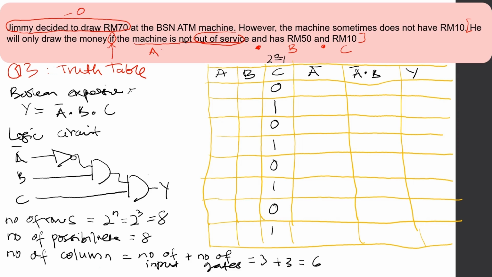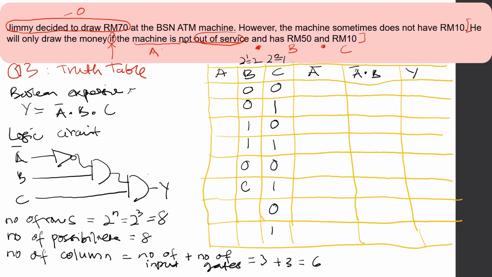And then the second input, 2 power of 1, which is equal to 2, means that every digit of 0 and 1 will be repeated twice. Okay, so 0 0. You can also start with 1, but make sure every column starts with the same digit. 0 0, repeated 2 times for digit 0, and then 1 1.